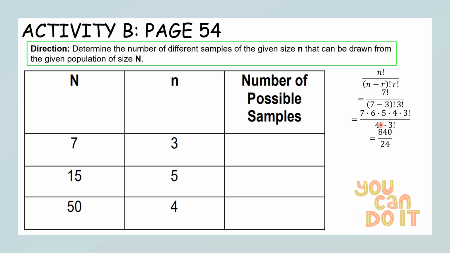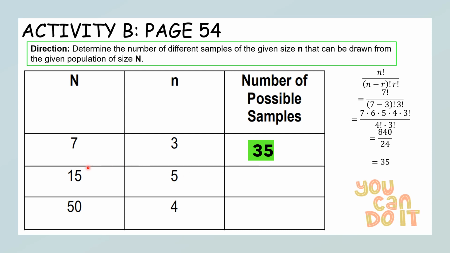And matitira naman sa denominator is 4 factorial, which is 4 times 3 times 2 times 1, which is equal to 24. So, 840 divided by 24 is 35. Therefore, the number of possible samples when the population is 7 and when we need 3 samples is 35.